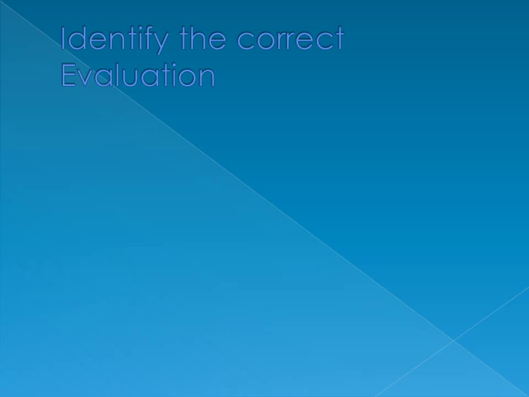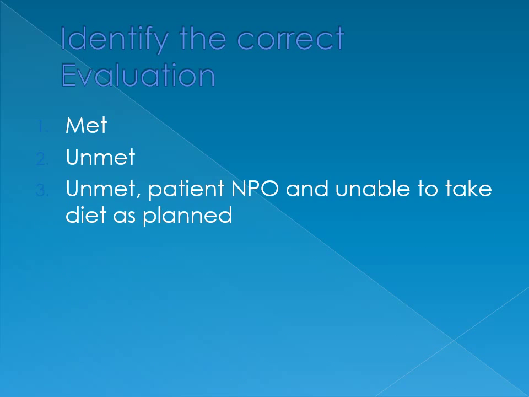So let's identify the correct evaluation. Met, well, that's good. I'd be okay with that one. Unmet, I wouldn't be okay with that one because I need to know what is going on if it's unmet. And then here, unmet, patient NPO and unable to take diet as planned.